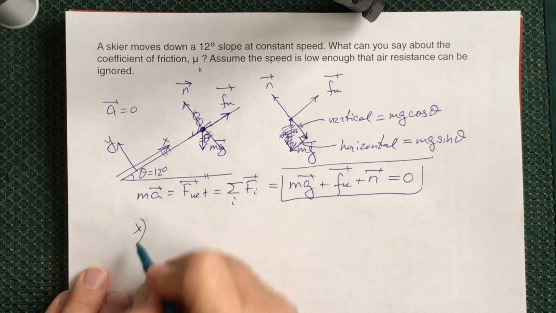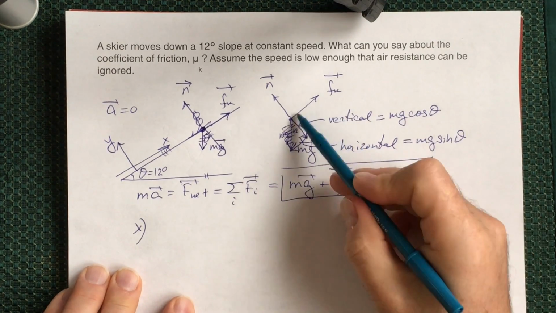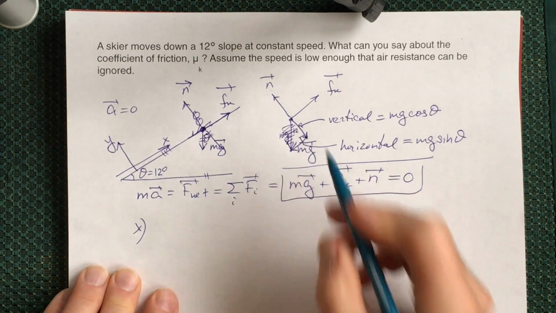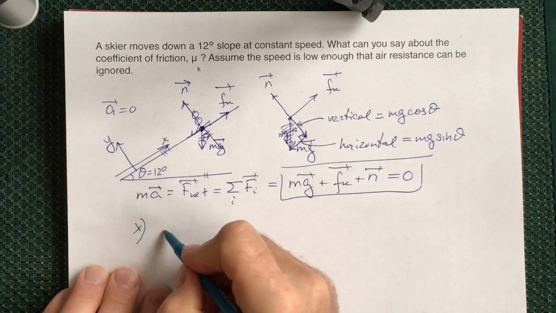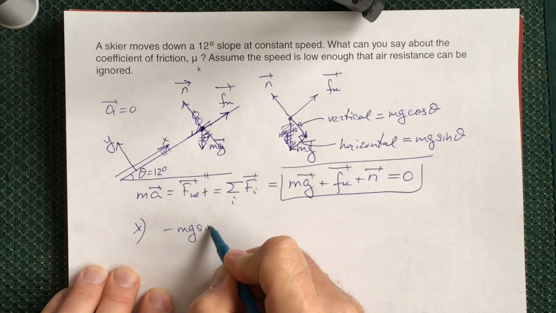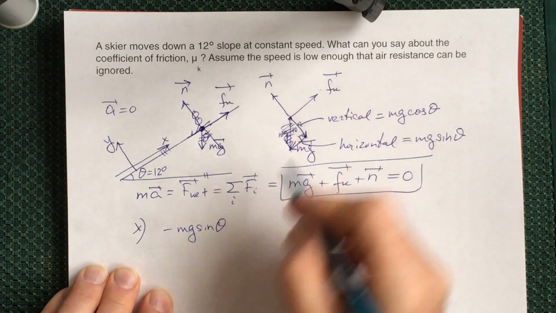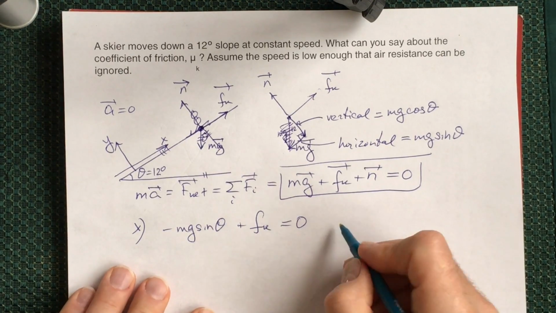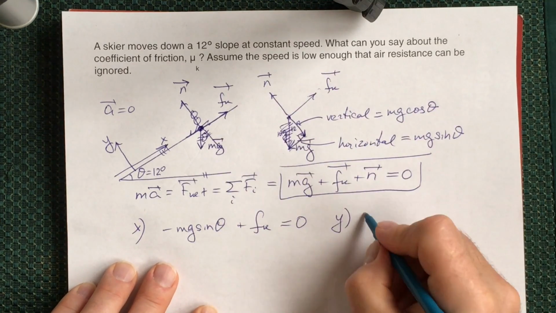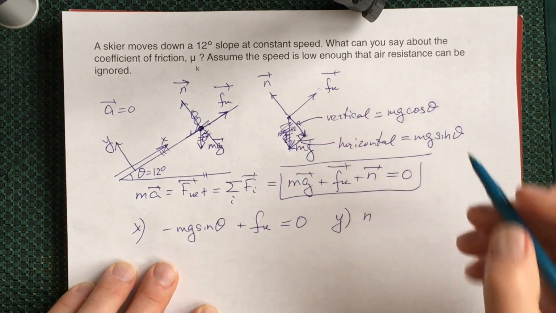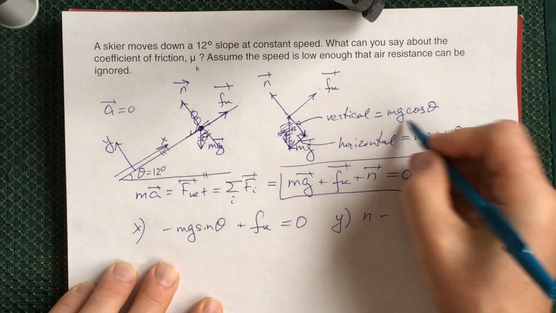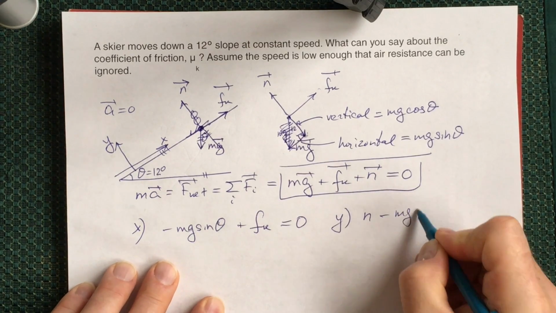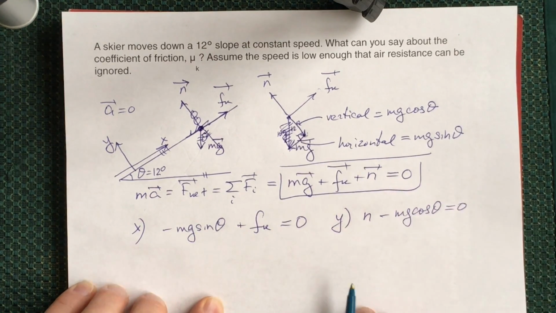So for the x-axis, we have horizontal forces, which are Fk and mg. mg is opposite to the x-axis, so the mg component is negative. So we have minus mg sine theta, this horizontal component, plus the positive component Fk, equal to 0. And for the vertical axis, we have n, which is positive, and this vertical component of the mg force, mg cosine theta, is negative because it's opposite to the y-axis direction: n minus mg cosine theta equals 0.